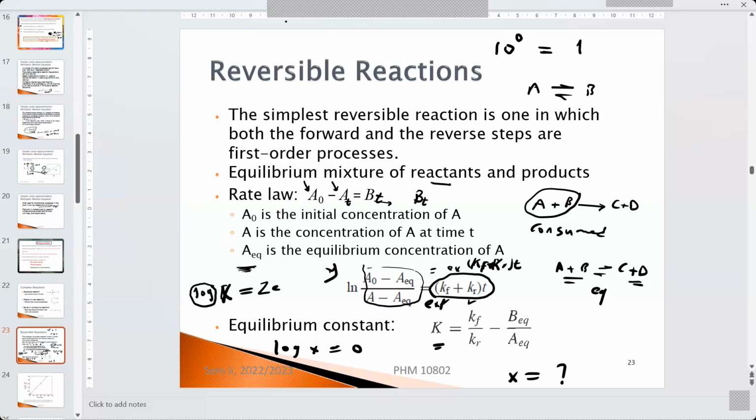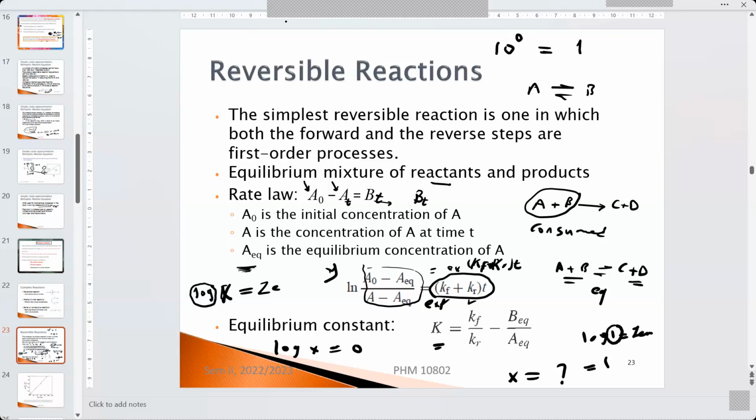So X equals 1. Log 1 equals 0. Okay. Now, how is the amount 1?